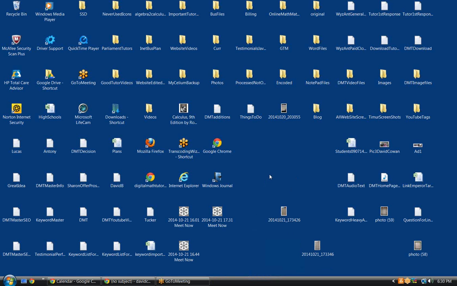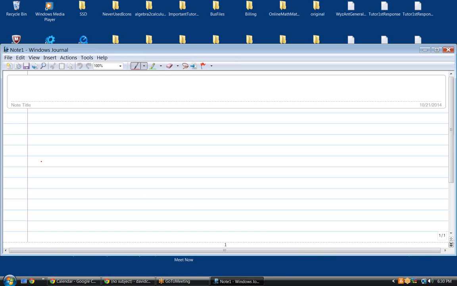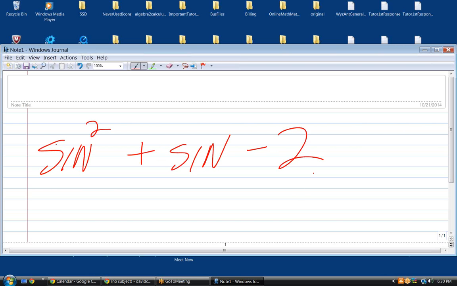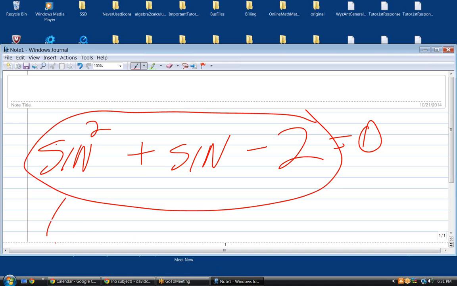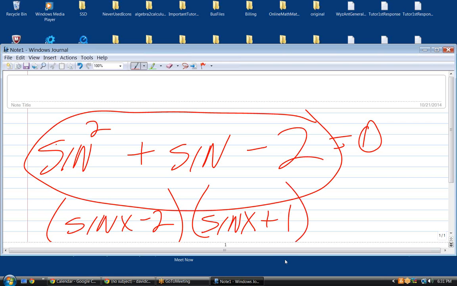The number one thing is to think of them as algebraic equations. In other words, if I have sine squared plus sine minus 2 equals 0, that is a quadratic. And it factors into sine of x minus 2 times sine of x plus 1.